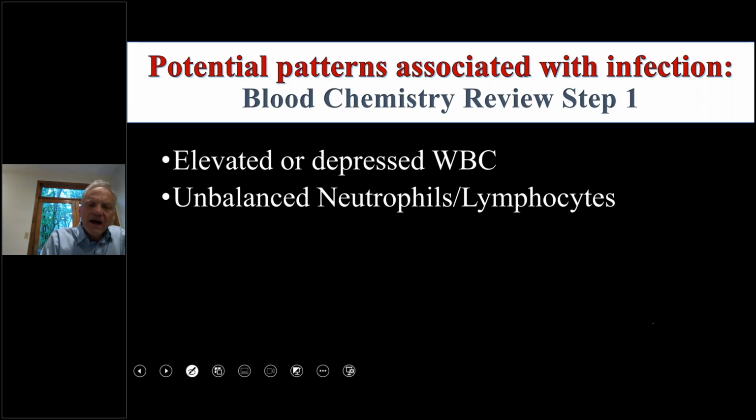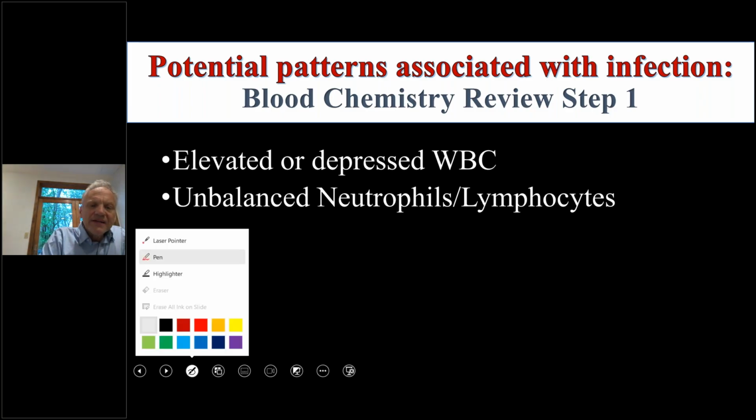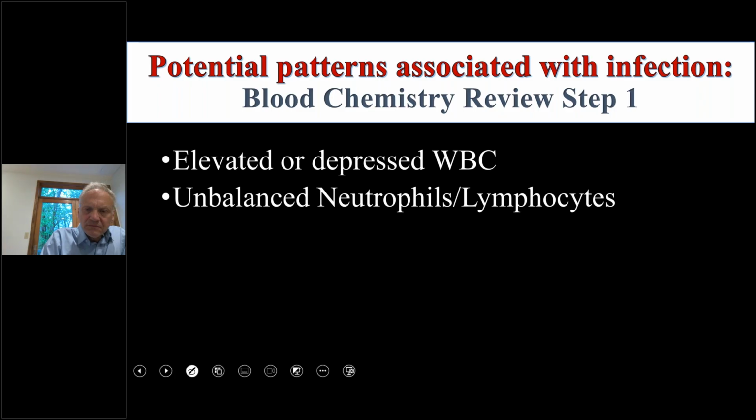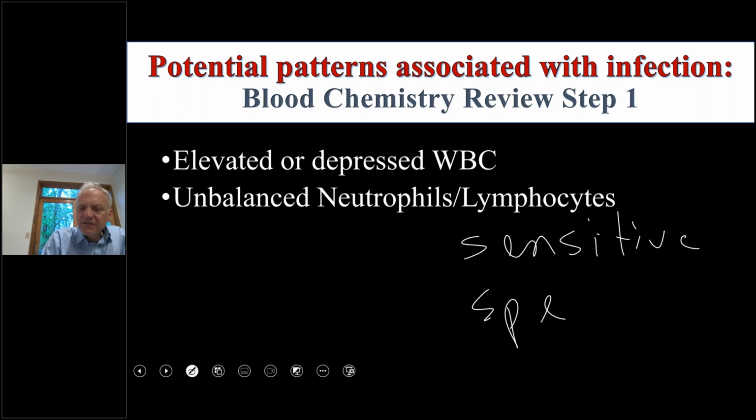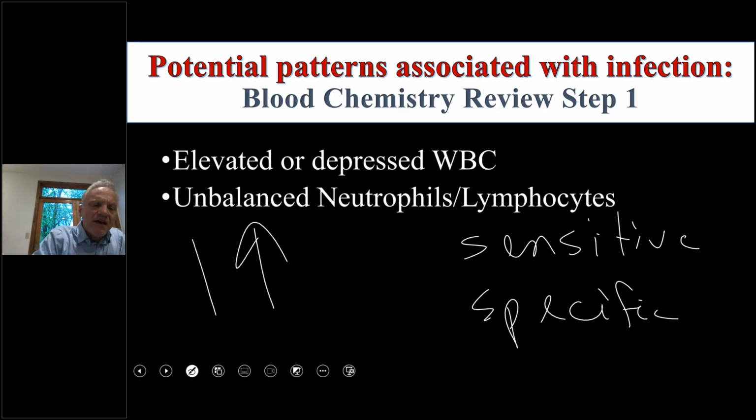All right, so now the white blood cell count is very sensitive. We love it because it's very sensitive, but the problem with it is it's not specific. What does that mean? That means that if you have high white blood cells or if you have low white blood cells, it doesn't tell you absolutely, oh, it's this or that. It just says you have high, here's if it's a pattern of what's going on, right?